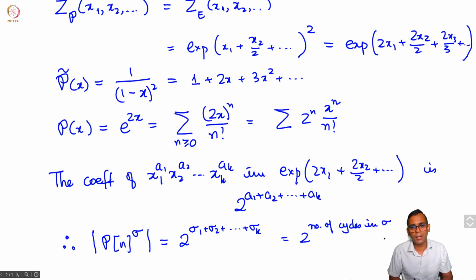You should try to think about a direct way to see this. Why is the number of fixed points equal to 2 to the number of cycles in the permutation?